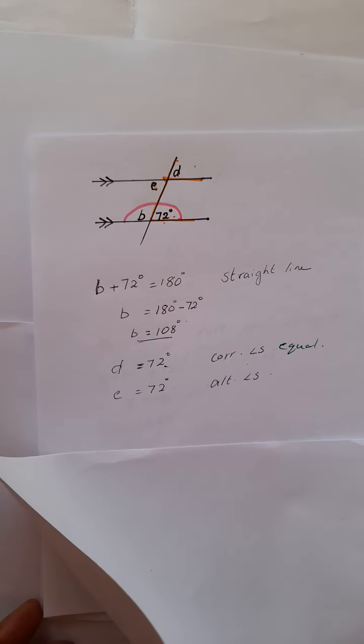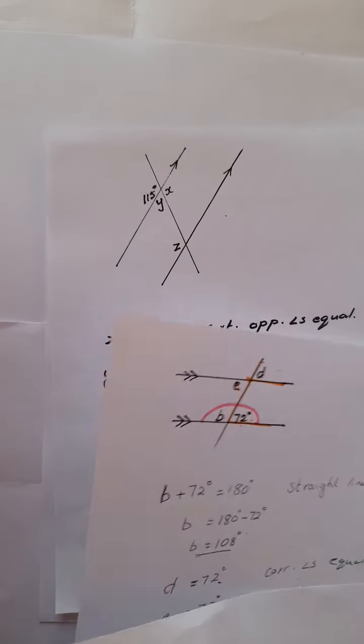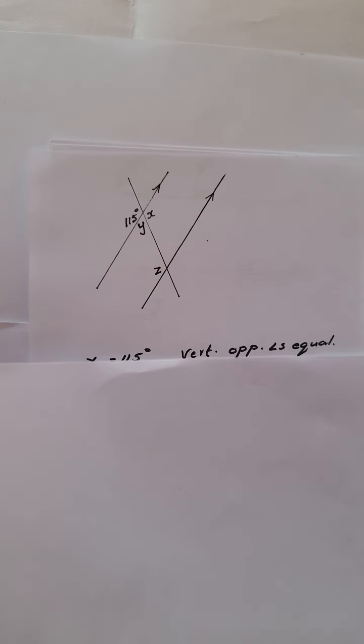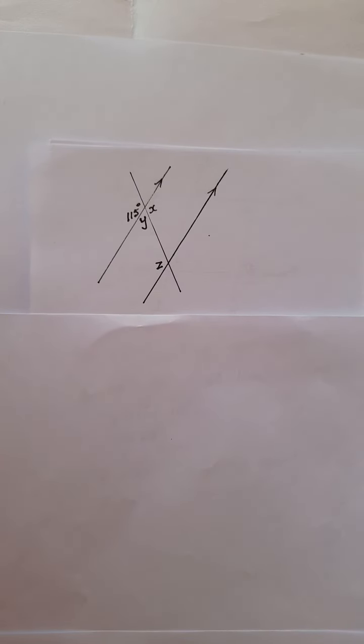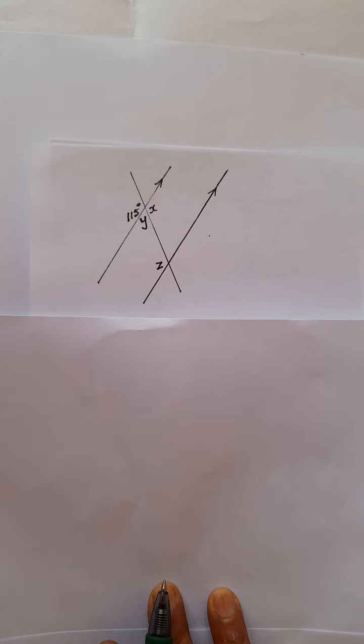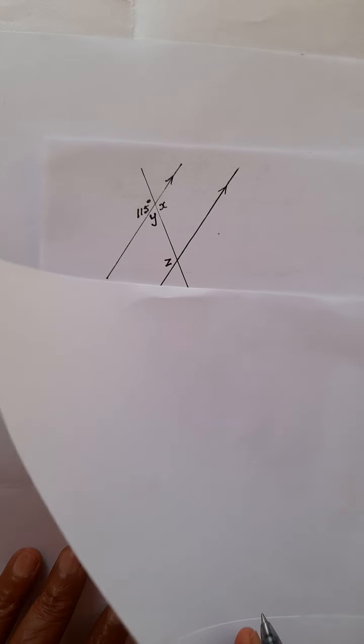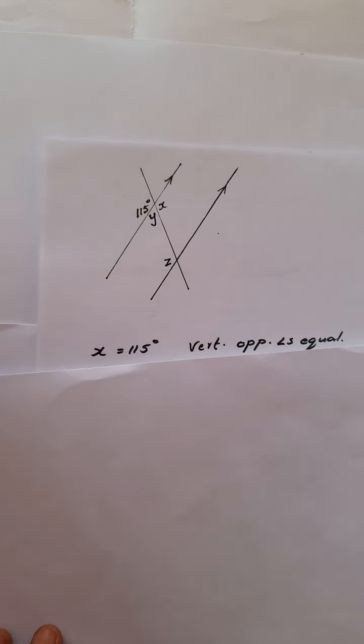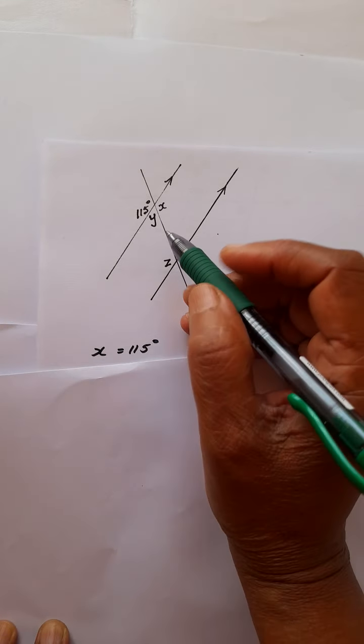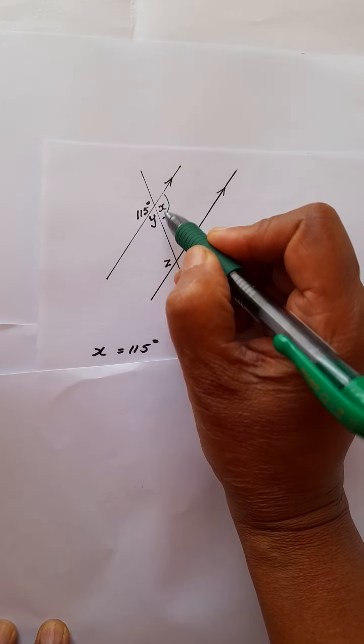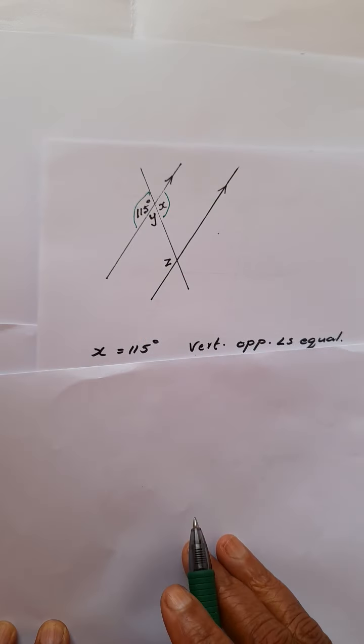Then coming to the next question, to find x, y and z. Can you find the x value? X is equal to 115 degrees because those two are vertically opposite angles.